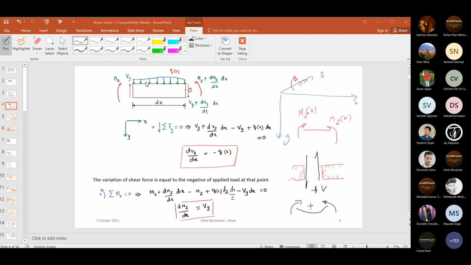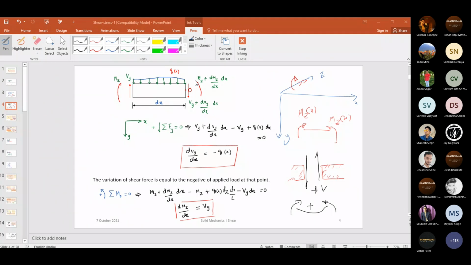qx into dx is the total force acting. The lever arm about O is dx by 2. The total force acting here is how much? qx into dx.